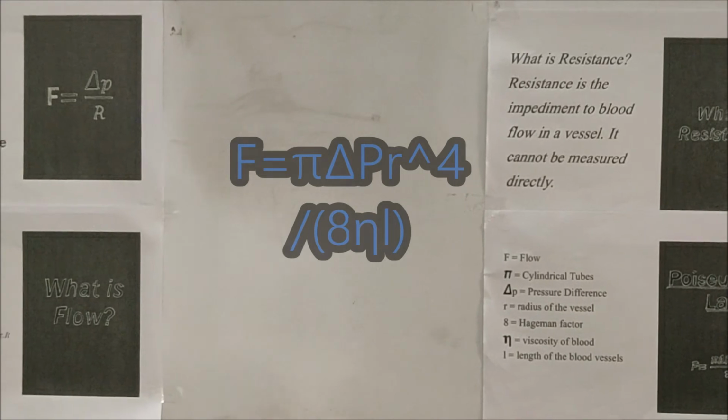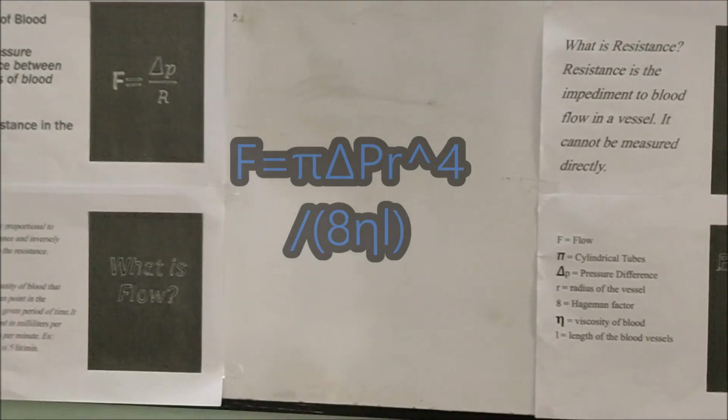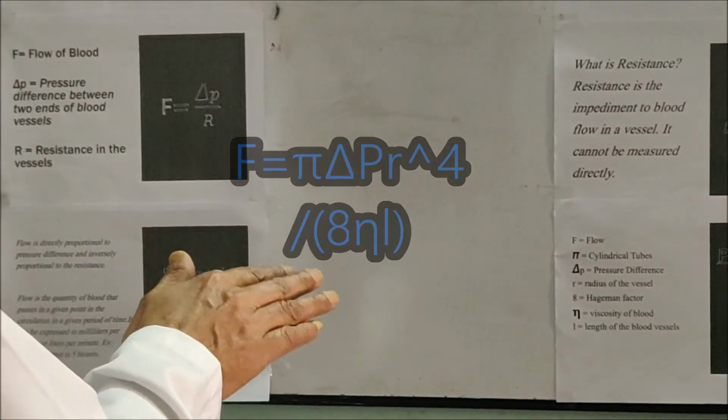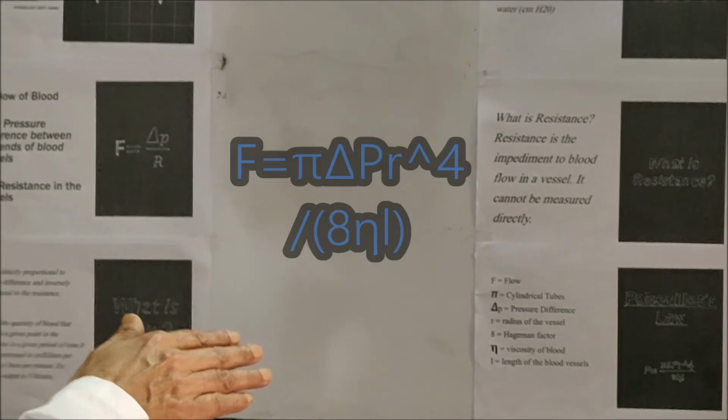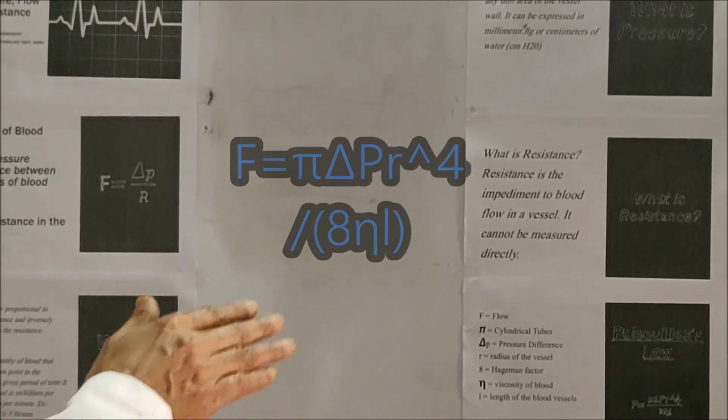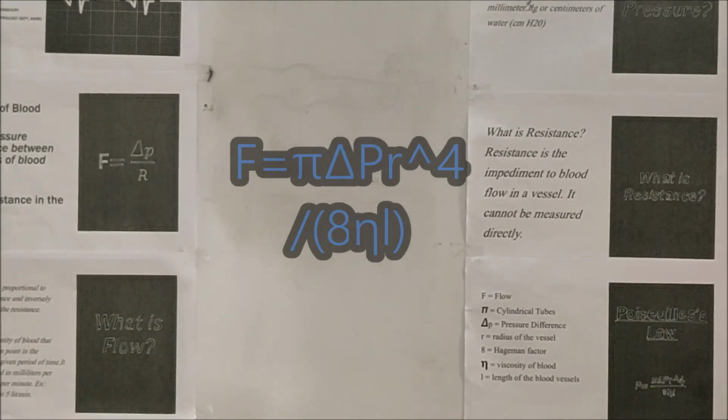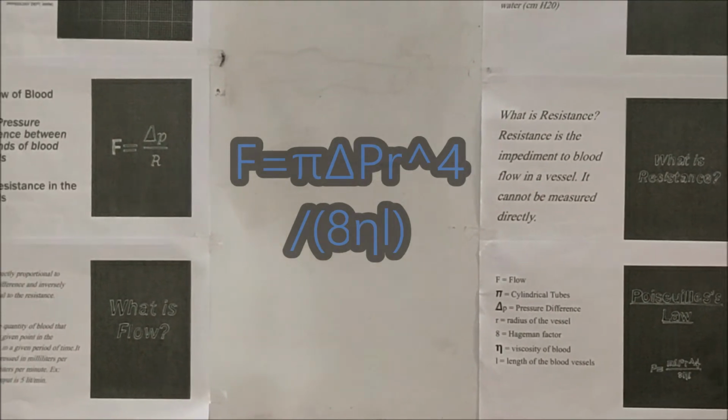It was first introduced by Poiseuille because it indicates that resistance is directly proportional to the viscosity of blood and the length of the tubes.